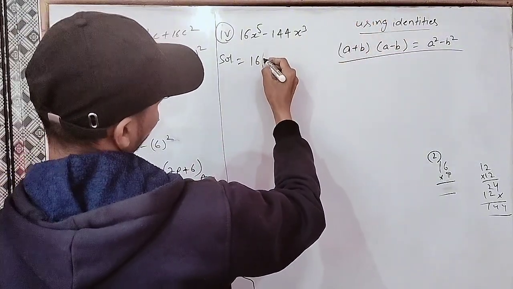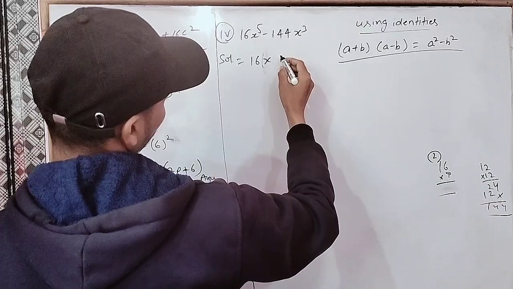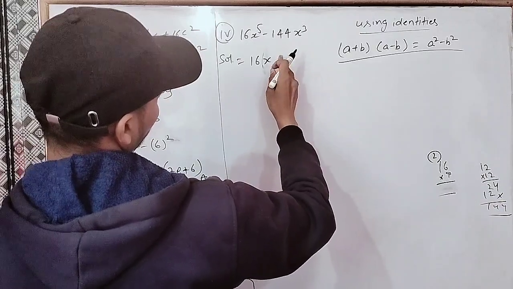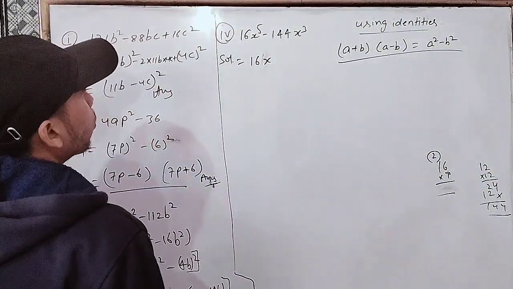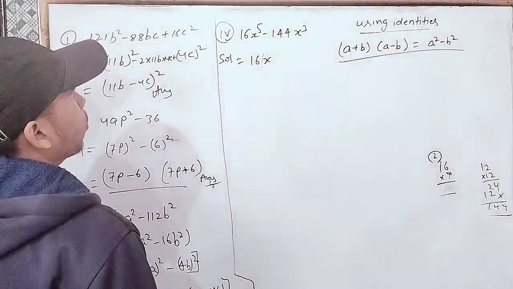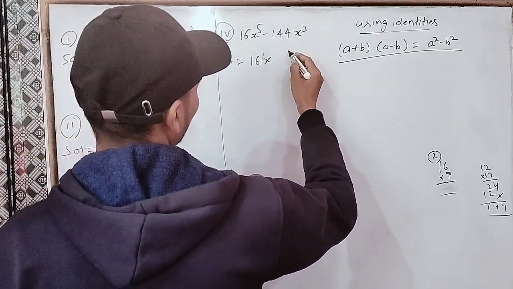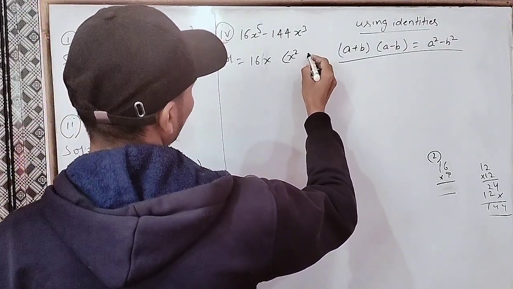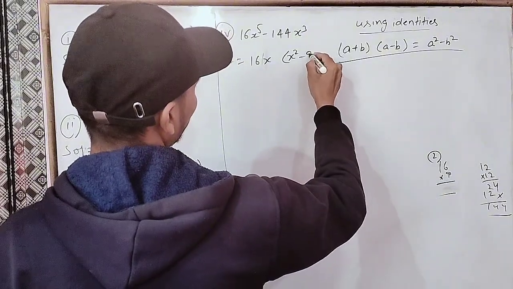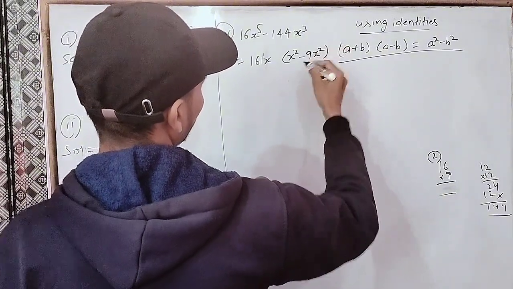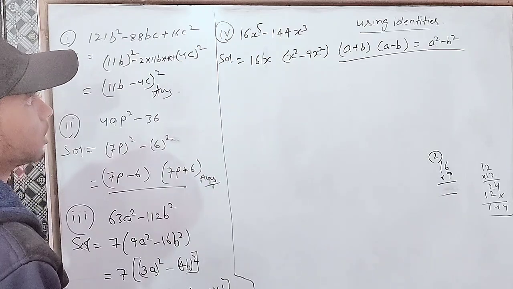So x, and then we would have how much? 1, only 1. And then x squared, then 9, like that.